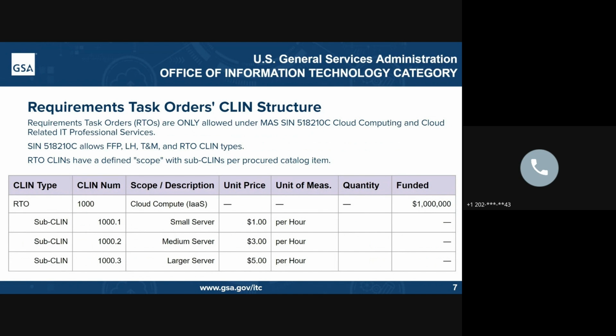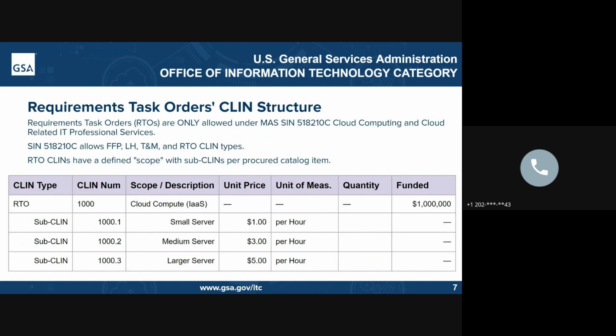Now, requirements task order CLINs have a defined scope at the top level. Let me highlight that by looking at the diagram below. You'll note on the first line, the CLIN type is indicated by RTO, standing for requirements task order. There's still a CLIN number, but in this case, under scope, we have listed cloud compute, infrastructure as a service.